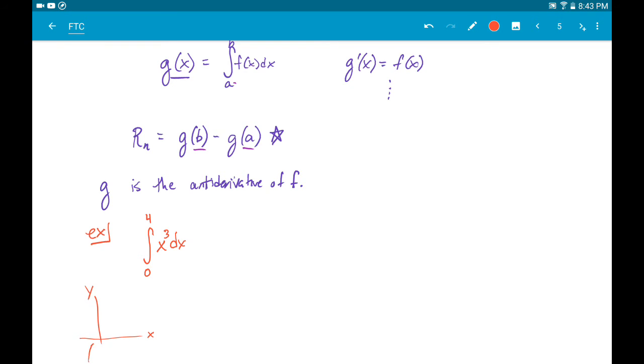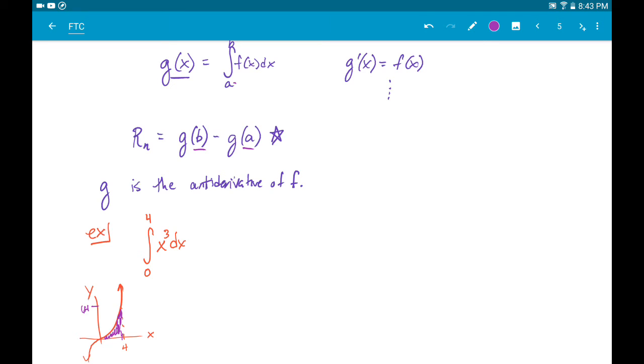X cubed, you got your classic cubic function heading up towards infinity, and you're asked to find the integral from 0 to 4. You're supposed to be finding the area under the curve from 0 to 4. My area doesn't look very big because I squished the graph down here, but 4 cubed would be 64. And just to add a little more context, we're trying to find the area of that purple space.